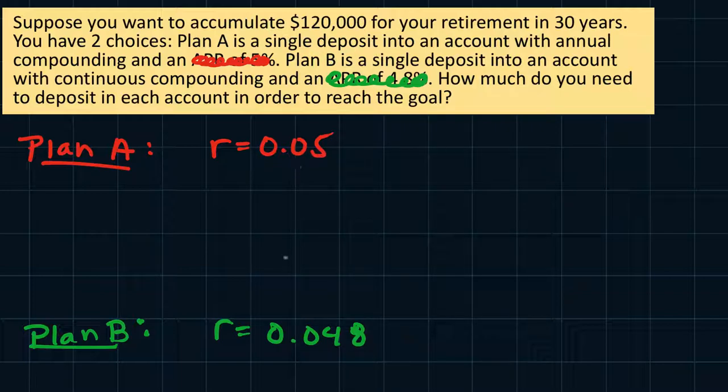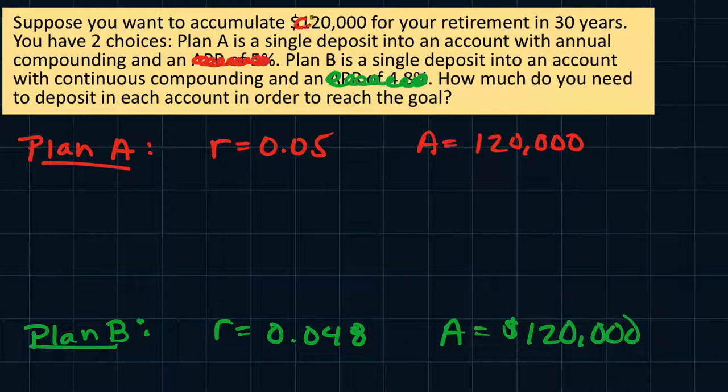In both of these accounts, we want to accumulate $120,000. So that's what we want A to be, $120,000. And it's going to be the same amount of time. T is going to be 30 years for both of these banks.